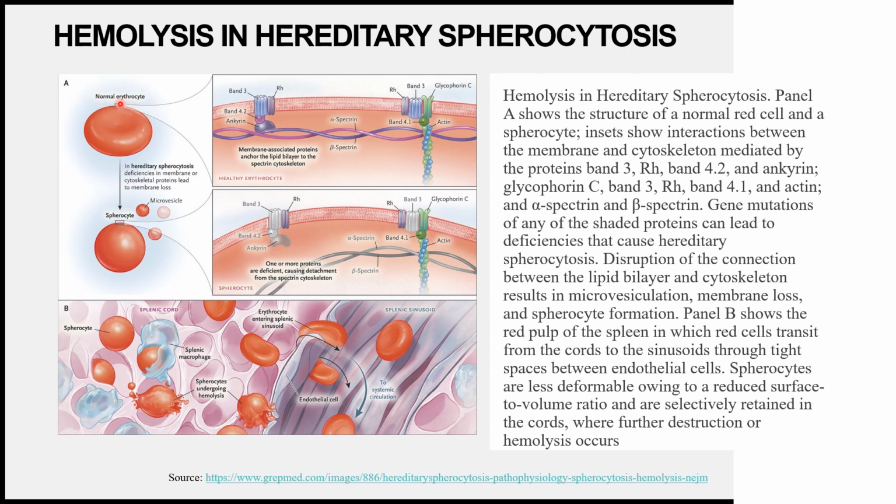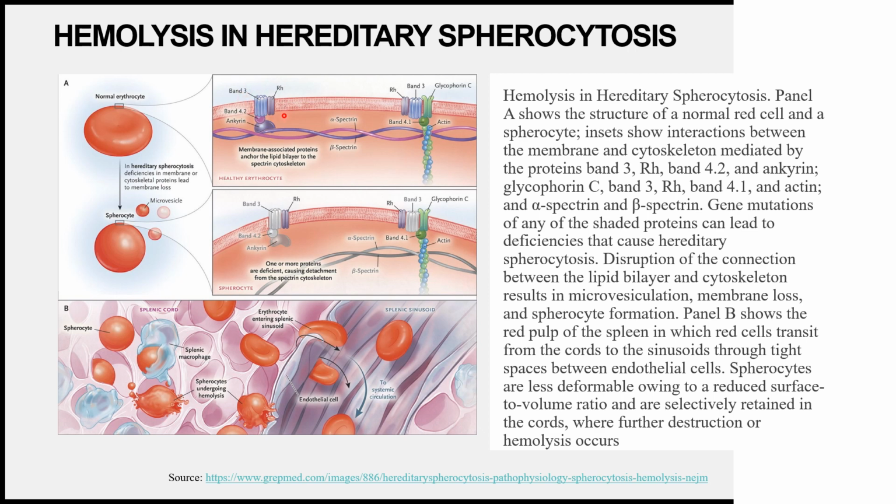If you take out a small portion of this and zoom in, you can see what the structure is like. Here you have the membrane, and here you have the cytoskeleton. The interaction between the membrane and cytoskeleton is supported by the transmembrane proteins that you see here.